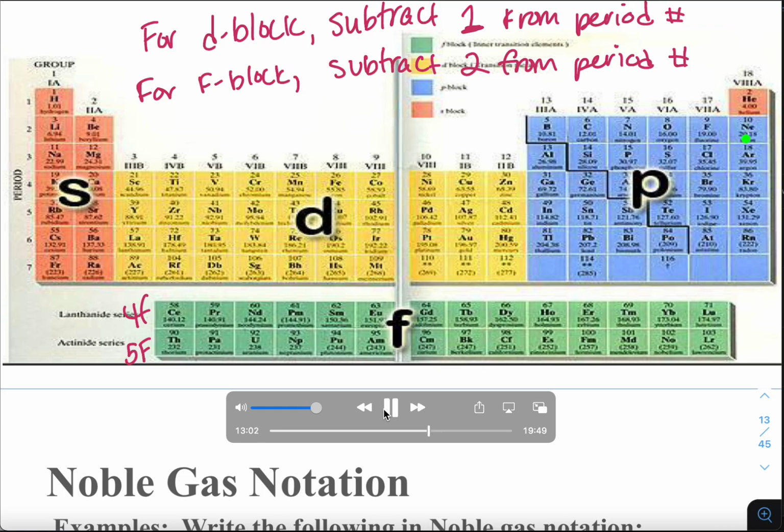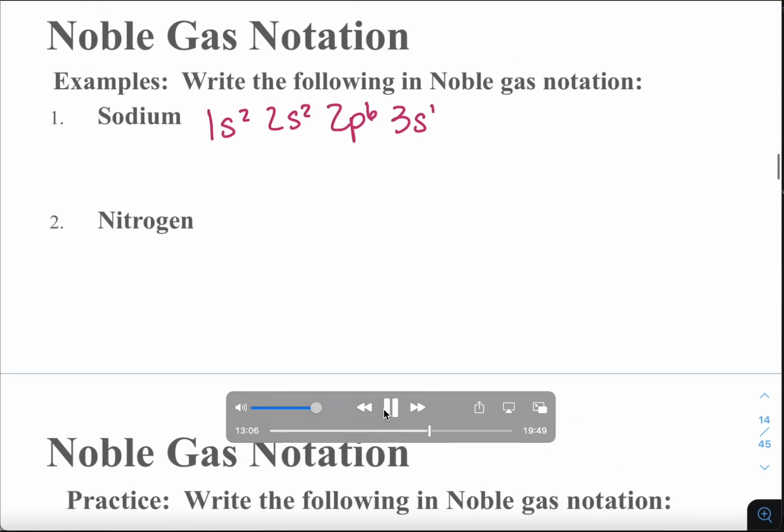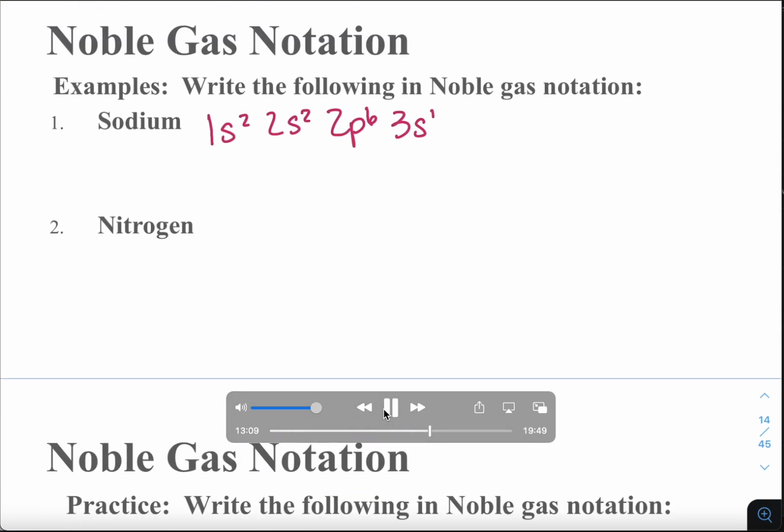So that's the noble gas we're going to pick for this configuration. What you do then is you go back to your configuration and you bracket the 10 total electrons. So here we have 2, 4, 10. You then replace those electrons with the symbol for the noble gas.